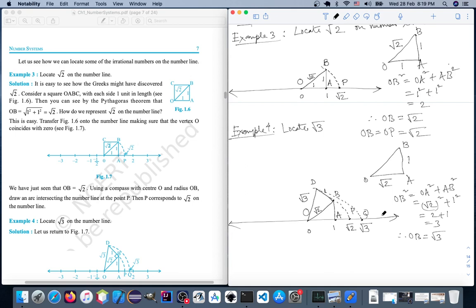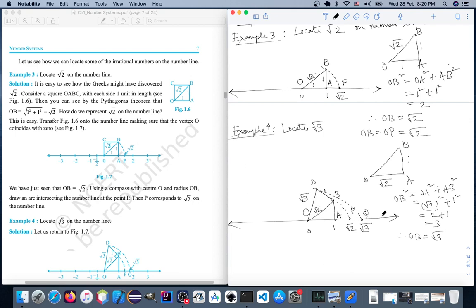You see the pattern. How are we locating a square root of a natural number? To locate root 2, we needed 1 and 1. To locate root 3, we needed root 2 and 1. The 1 of the right angle triangle, the perpendicular, will always be there. We will always need that 1.